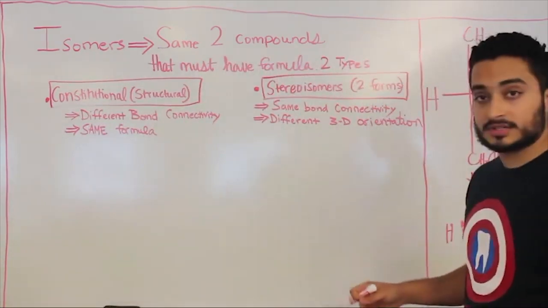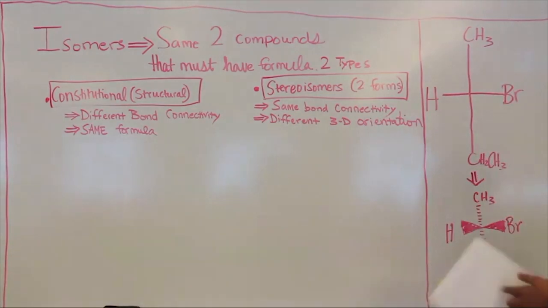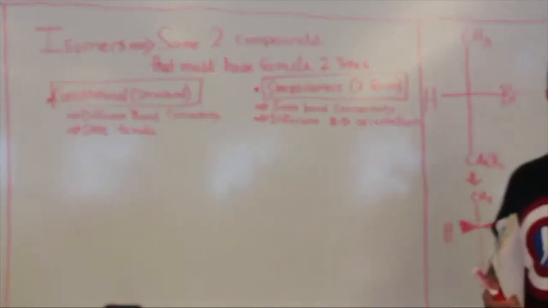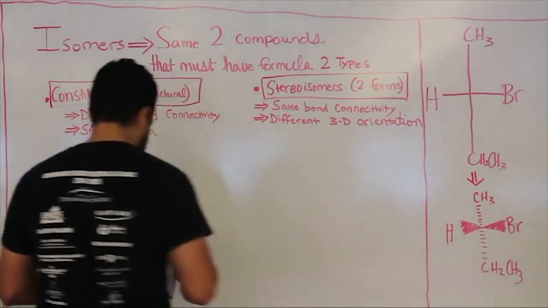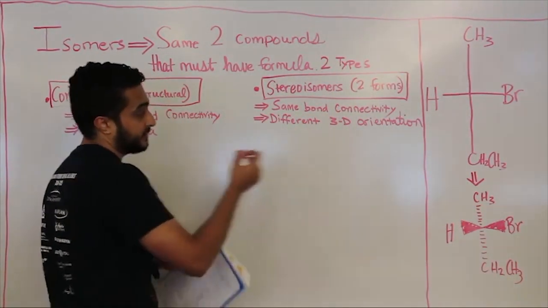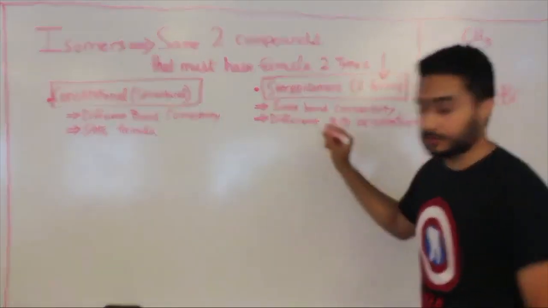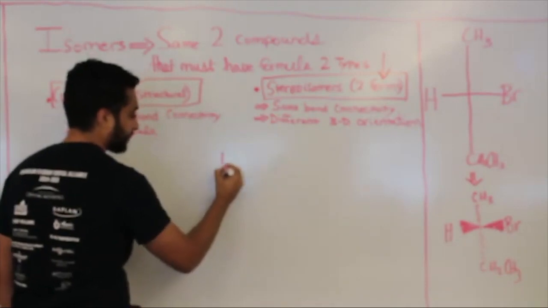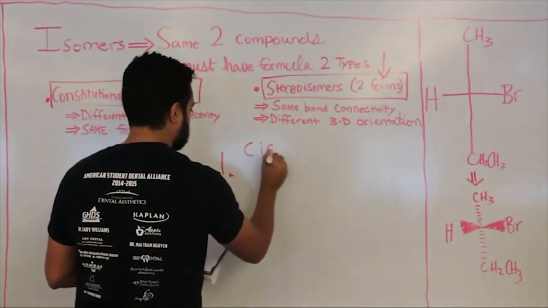Next, we have stereoisomers. And with stereoisomers, you need to know that they have the same bond connectivity, but they have a different three-dimensional orientation, meaning the wedges and dashes are going to be completely different. Okay? So I'm going to give you 2 examples. The first one is going to be for cis and trans.